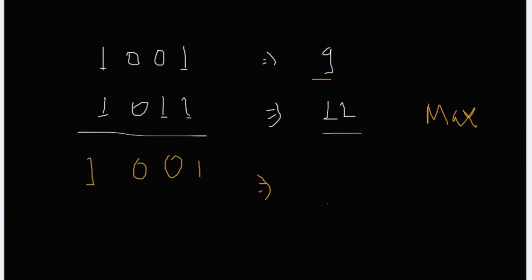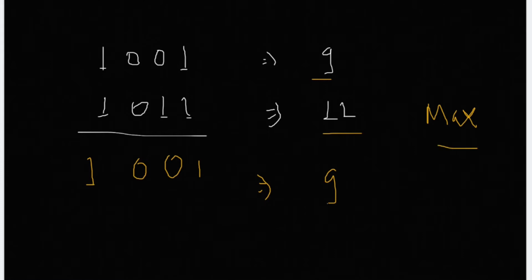So this will equate to 9. So we see that if we have two numbers and we have a bitwise AND among them, then what we'll get is a number that is at the very least equal, or otherwise it just has to be less than the given maximum number among the two.